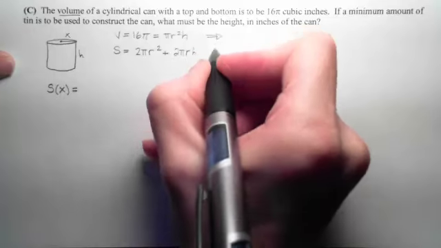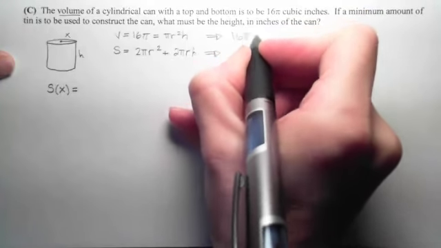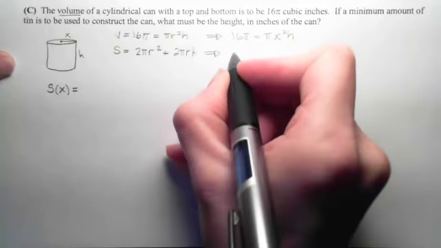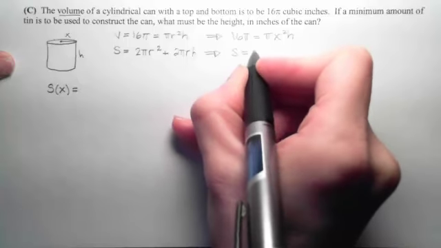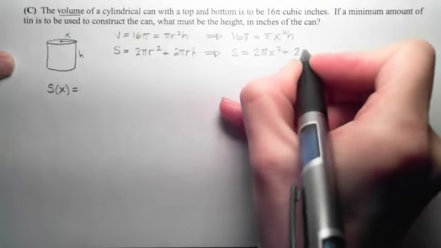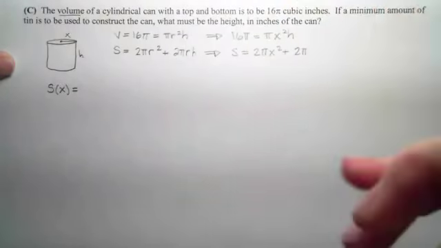So that means we will get two equations involving x and h this time. We'll have 16 pi equals pi x squared h, and we will have the surface area equals 2 pi x squared plus 2 pi x h.